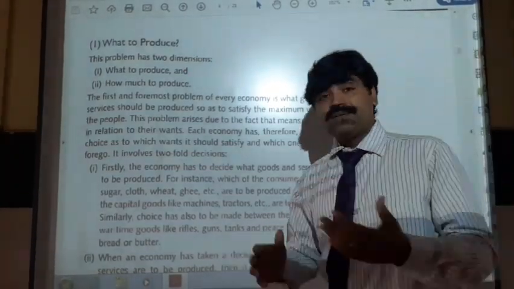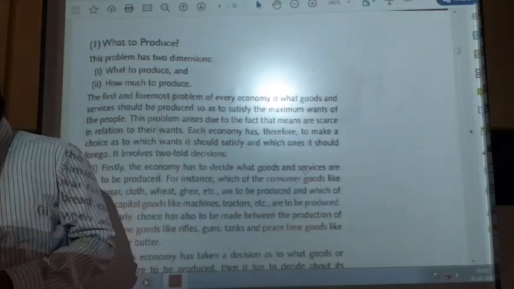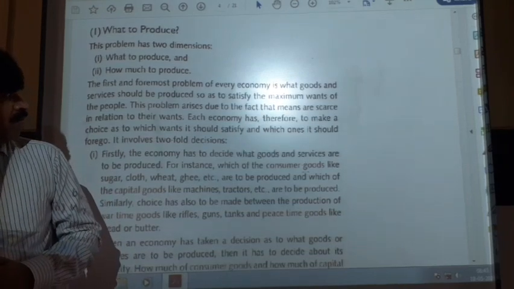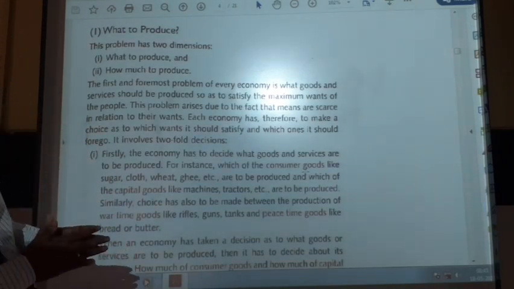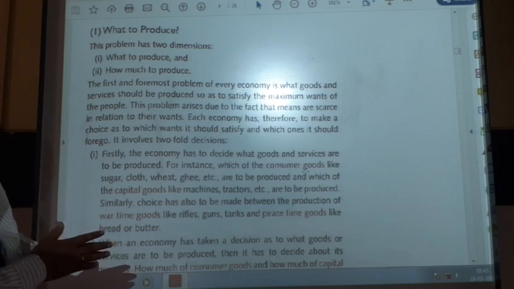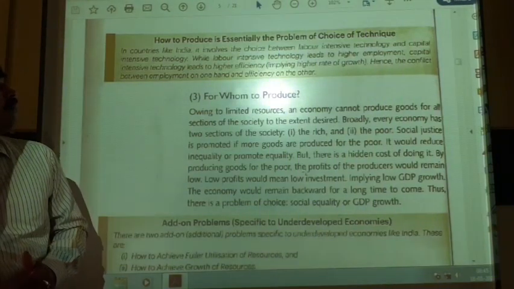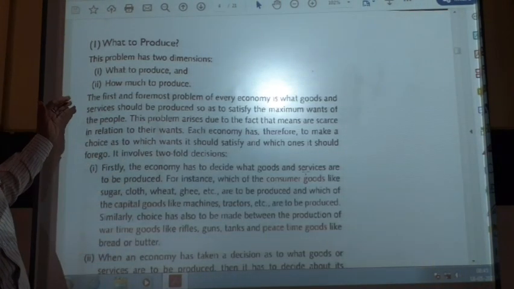Now we have the next problem: what to produce, and after it, how to produce.